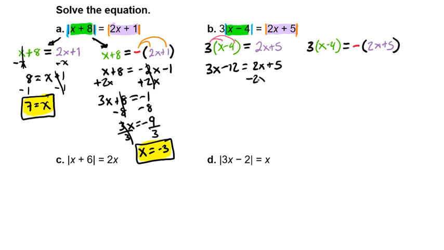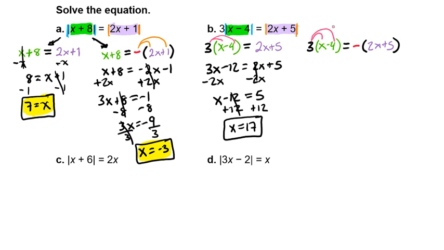Then we subtract 2x from both sides, leaving me with x minus 12 is 5. Then I add 12 to both sides and get x equals 17. And that's going to be my first answer. And then I need to go do my second problem.